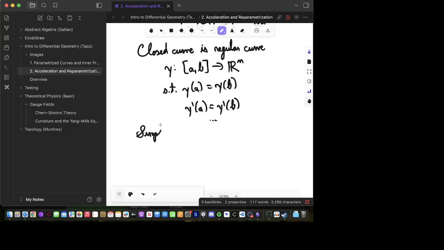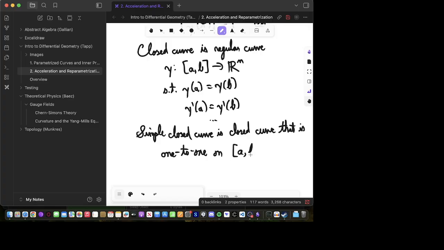A simple closed curve is a closed curve that is 1-to-1 on the interval between A and B, but not including B.